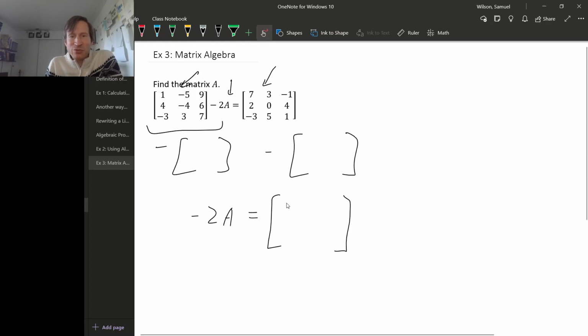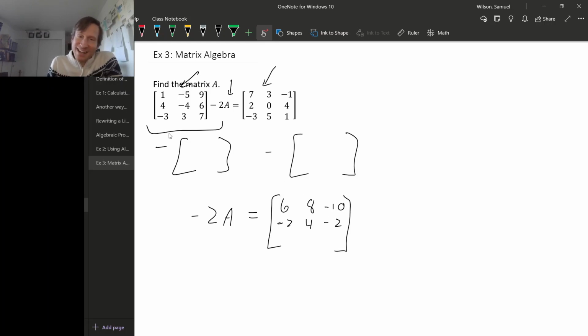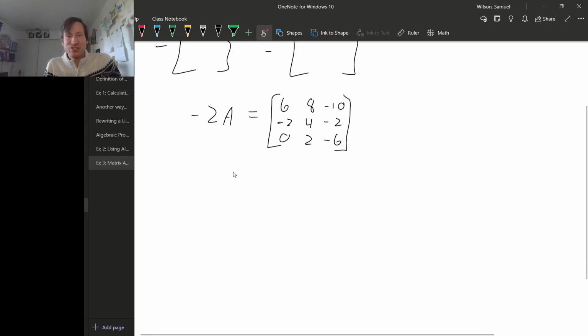So 7 minus 1 is 6, 3 minus negative 5 is 8, and then minus 1 minus 9 is negative 10, 2 minus 4 is negative 2, 0 minus negative 4 is positive 4, 4 minus 6 is negative 2, minus 3 minus negative 3 is 0, 5 minus 3 is 2, and then 1 minus 7 is negative 6. Now divide by minus 2.